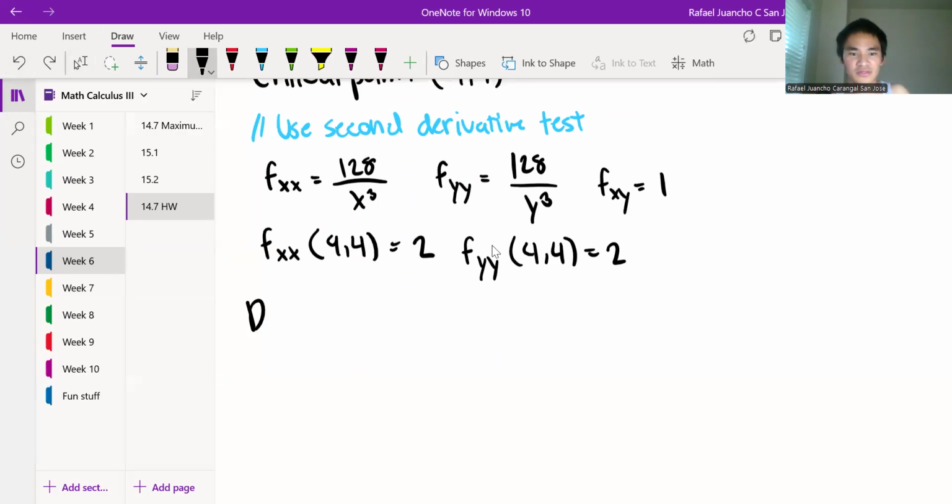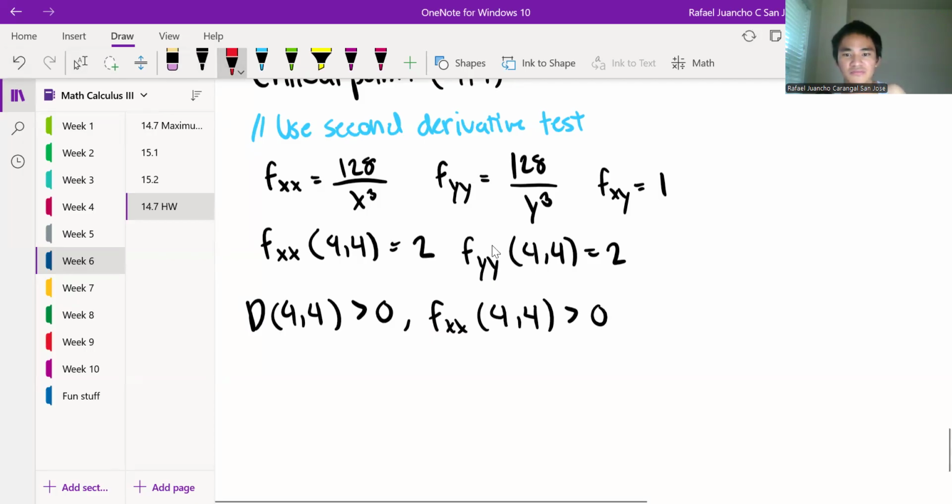And so I'm just going to do my second derivative test where I multiply these two. I get 4 minus 1. And that's 3, so that's greater than 0. My f sub x is greater than 0.